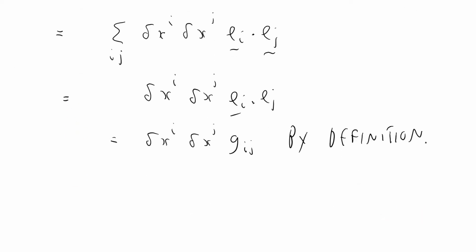So d squared equals that. What I'm going to do is work out what gij equals, ei dot ej, in a Cartesian coordinate system.